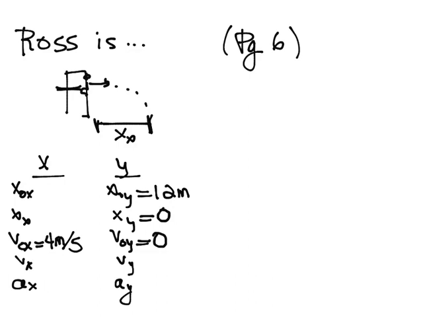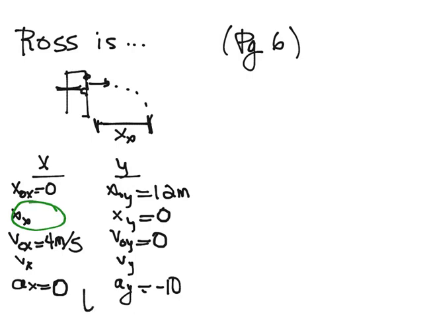So think of these x naught y and xy as height. We also know, because gravity is acting on it, that ay is negative 10, and there's no force in the x direction, so there's no acceleration in the x direction. We can set x naught x equal to 0, and what we really want at the end is xx.